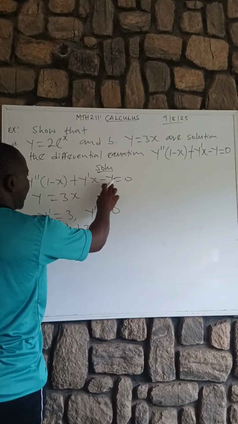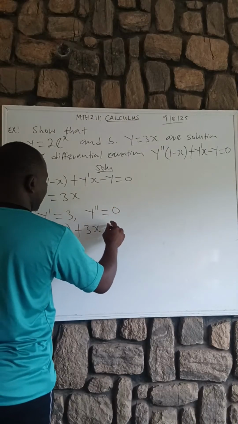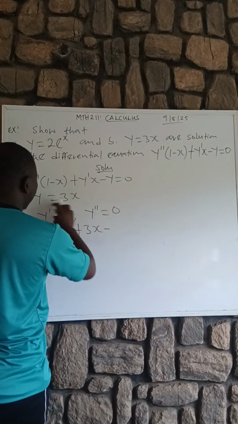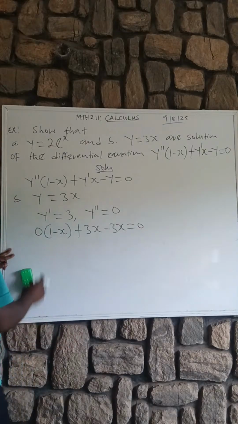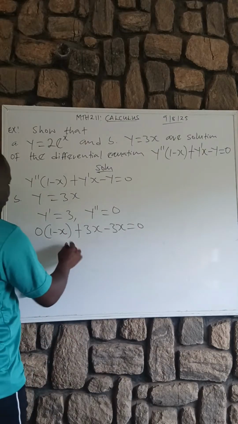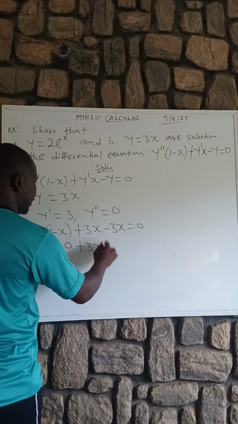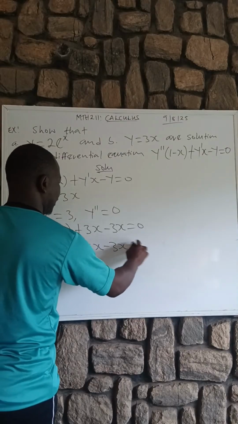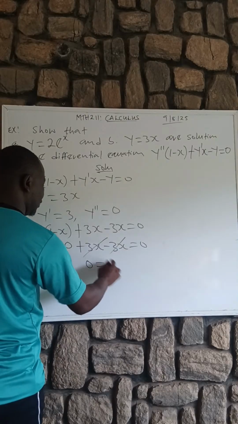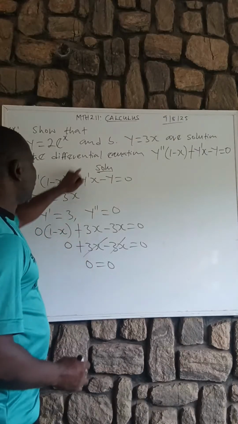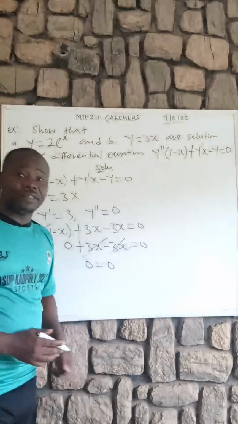Y is 3x, equals 0. True or false? 0 times this, here will be 0, plus 3x minus 3x equals 0. This cancels. 0 equals 0. So this is also a solution to this second order differential equation.